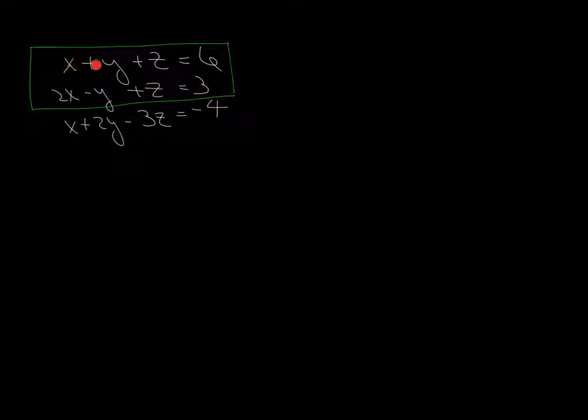Notice I have a plus y and a minus y, so when I add these, my y is going to go away. So remember what I said the rule is? If you want to solve a linear equation in three variables, you take two of the equations and get rid of one of the variables, so you get rid of the easiest one.